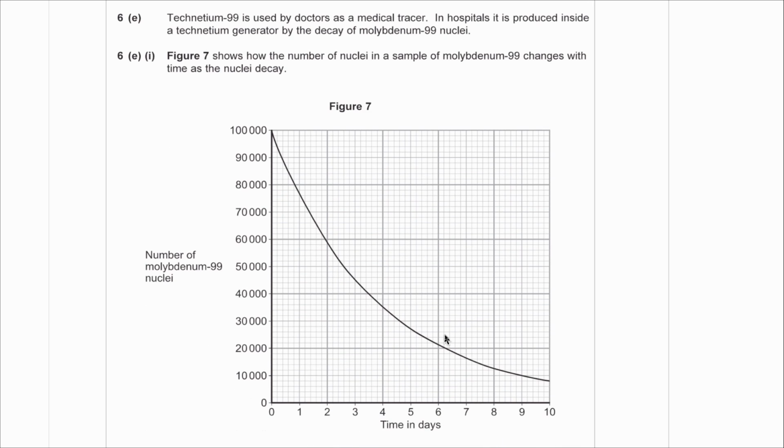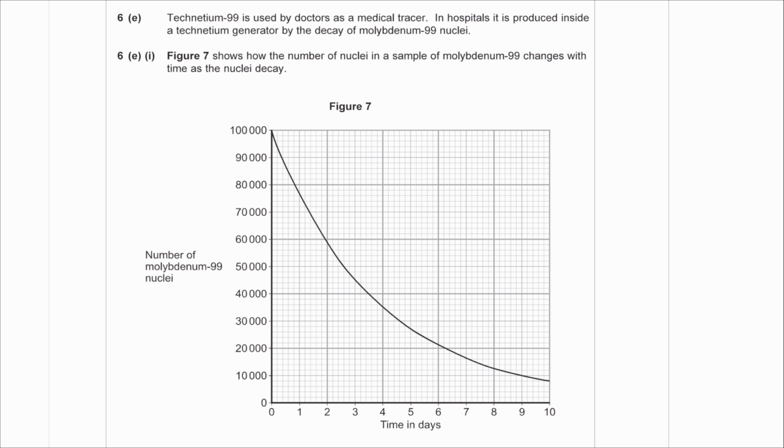6E, it says technetium-99 is used by doctors as a medical tracer. In hospitals, it is produced inside a technetium generator by the decay of molybdenum-99. Figure 7 shows how the number of nuclei in a sample changes with time as those nuclei decay.